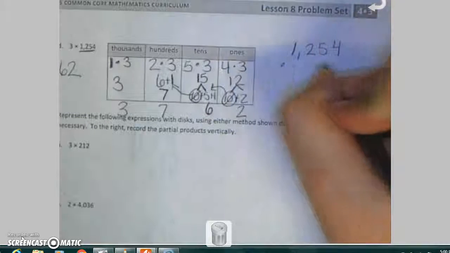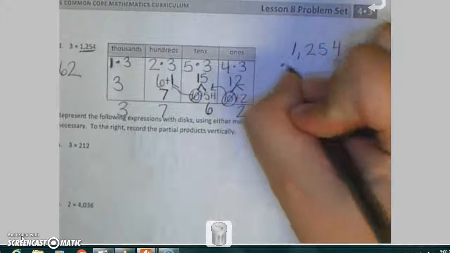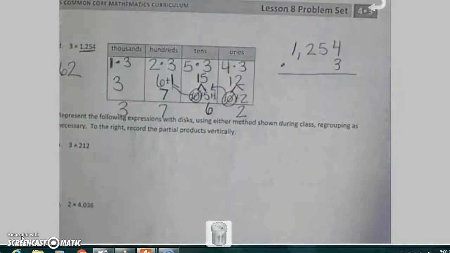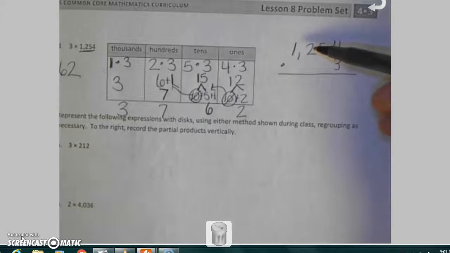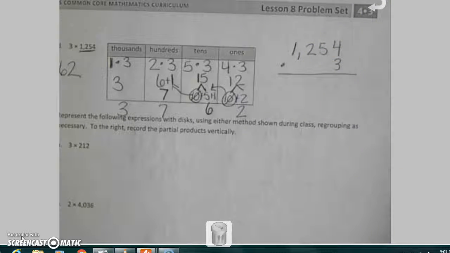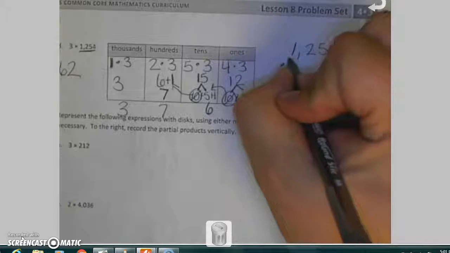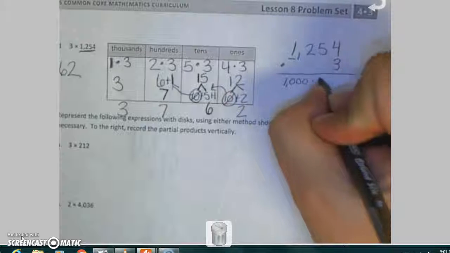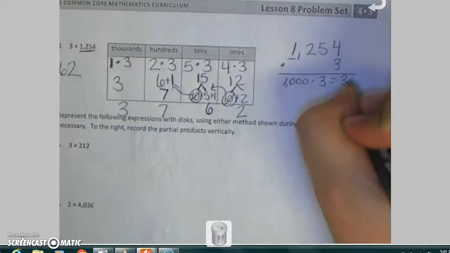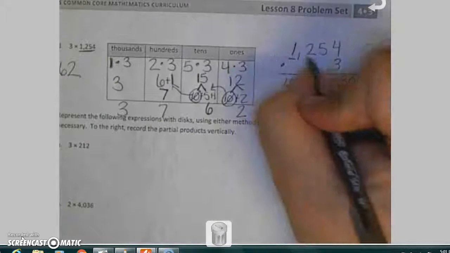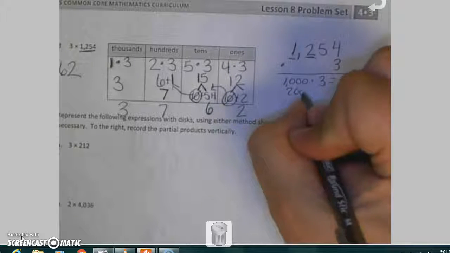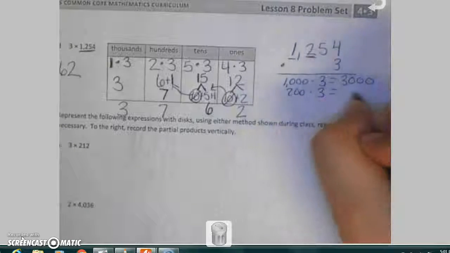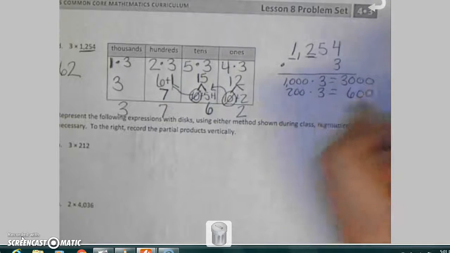1,254 times 3. Now I could easily see if I got the right answer by adding this number 3 times. But we're working on multiplying. So I'm going to take this number and break it apart. This is 1,000 times 3, which is 3,000. This is 200 times 3, which is 600.